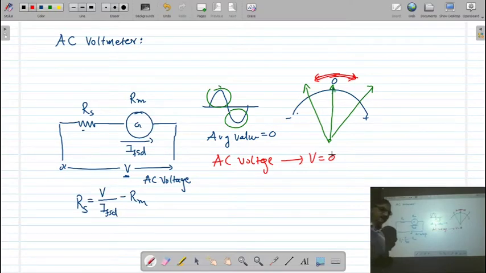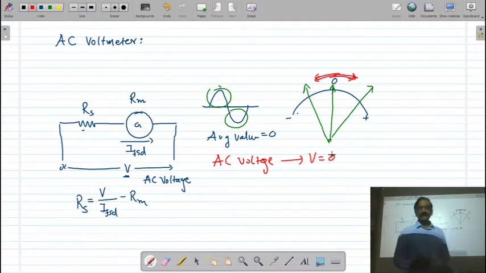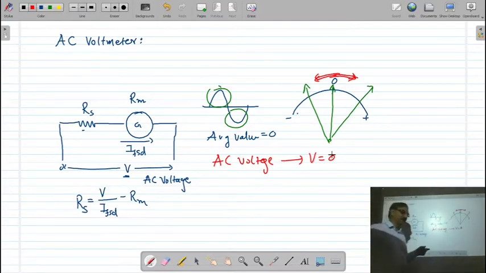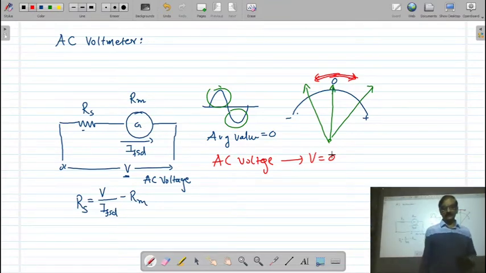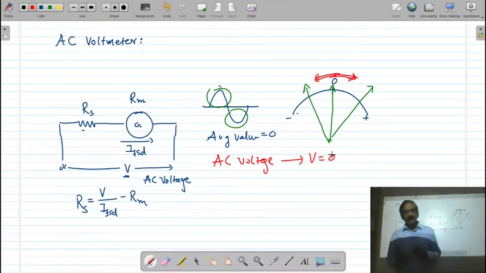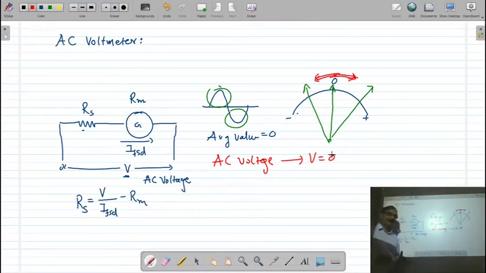So the question is how to measure the AC voltage. Here the galvanometer is measuring the average value. So if we are able to change the average value of this AC signal, then you can measure it. Or if you convert your AC voltage into a DC voltage, then you can measure the AC voltage, and after that you can calibrate your scale.